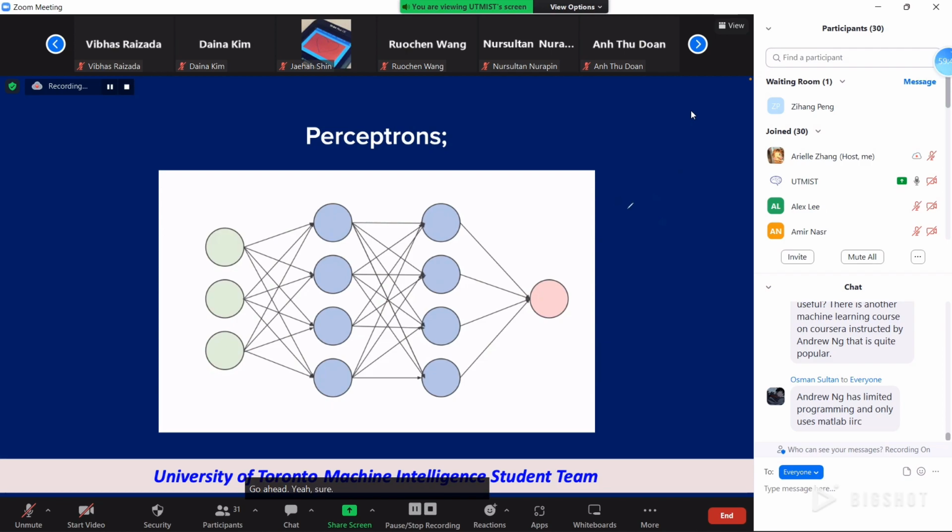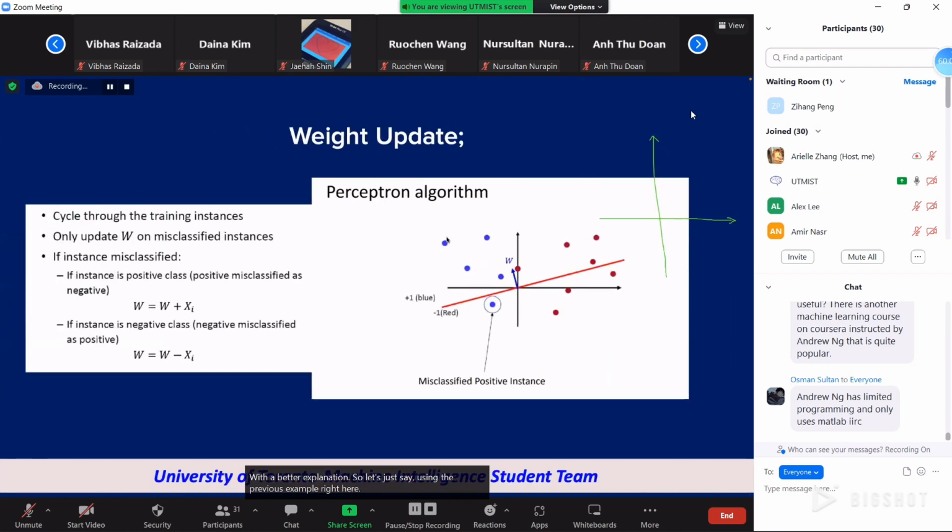Yeah, sure, for sure. So let me do this more slowly and with a better explanation. Let's use the previous example over here. We have a blue dot along with the red dot, right?